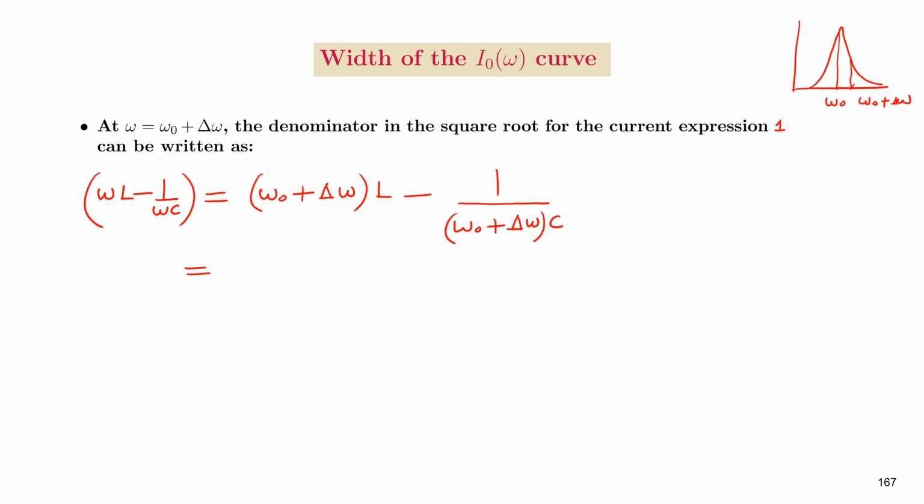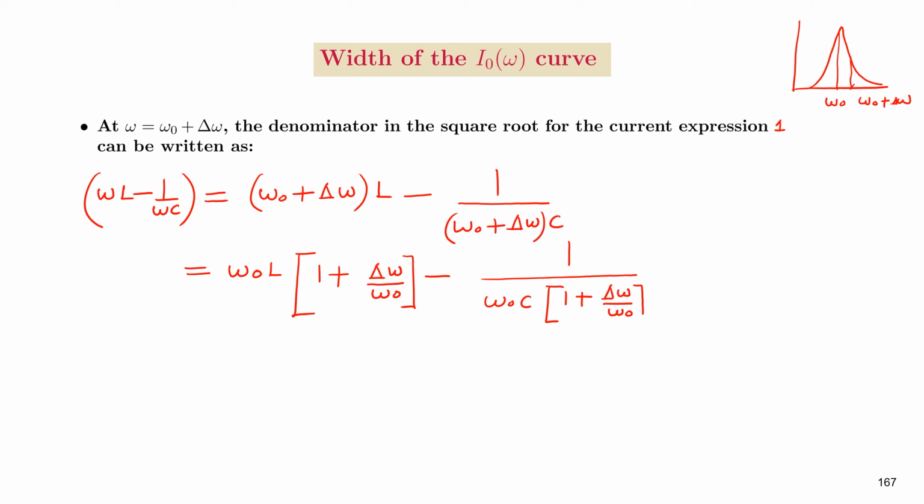This is equal to omega 0 multiplied by L multiplied by (1 plus delta omega divided by omega 0) minus 1 over omega 0 C times (1 plus delta omega divided by omega 0).